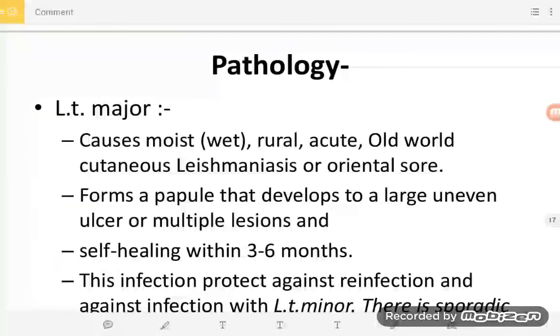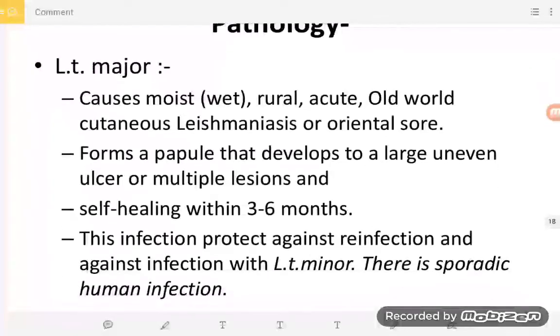The other one, Leishmania tropica major. This causes the moist form, but the minor is causing the dry one. This is the wet one, and minor is found in urban areas. Here this one is found in rural areas. In the case of minor, they produce the chronic one, that means healing takes more time, but major is acute and severe, so it will heal quickly compared with minor.